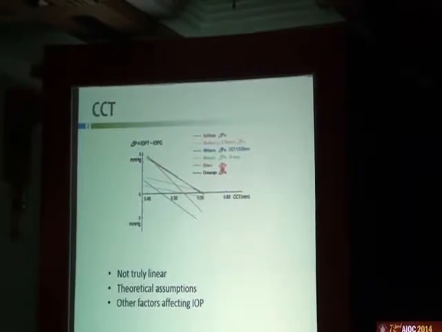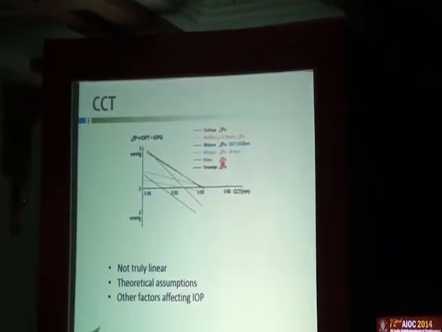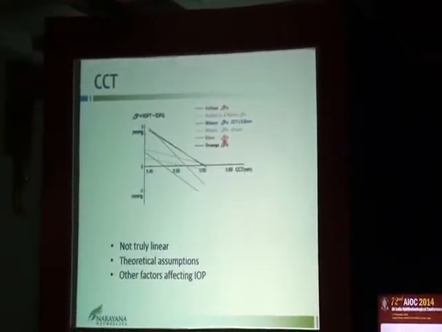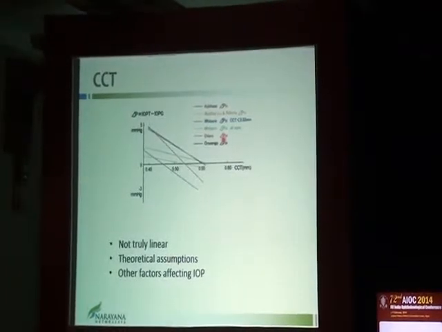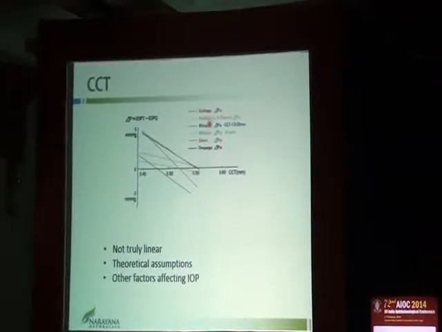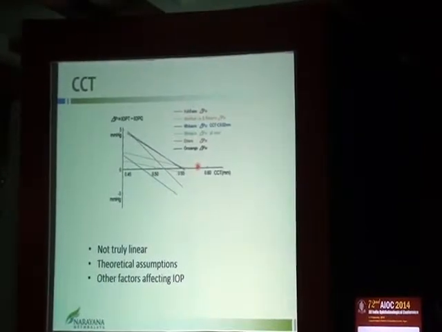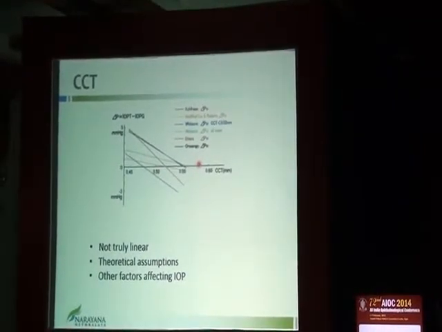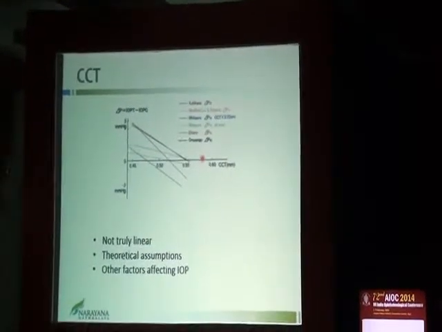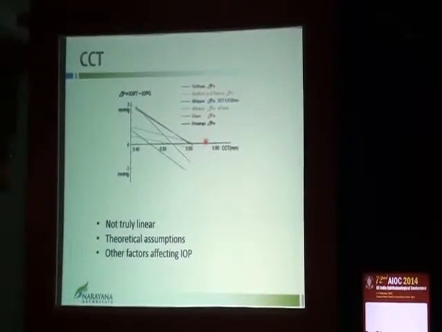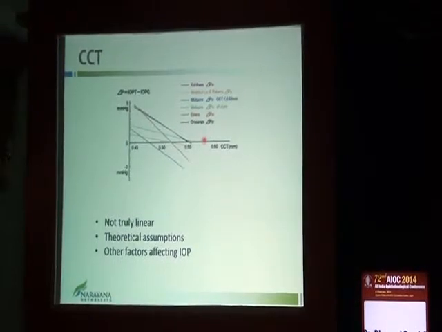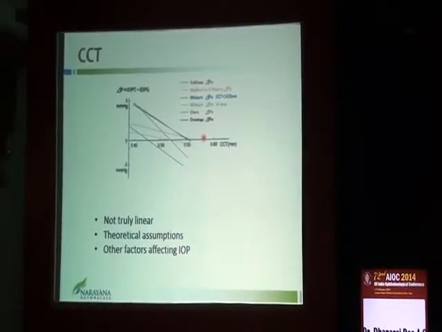But now we know that none of these algorithms are accurate, and there is no agreement between all these algorithms. And we no longer use the corrected IOP in our clinical management. As long as we know what a thick cornea and a thin cornea means to our patients, we don't correct the intraocular pressure.